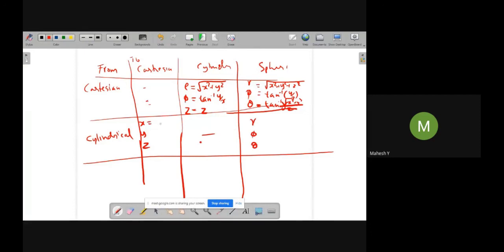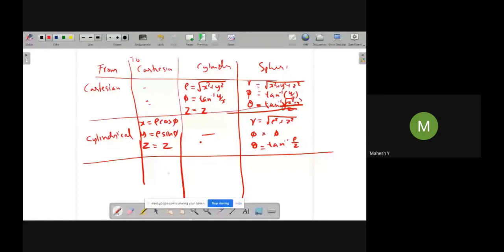For x, x is equal to, in terms of cylindrical, rho cos phi. Y is rho sin phi. Z is equal to z. For spherical, r is equal to root of rho square plus z square. Phi remains same. Theta is equal to tan inverse rho by z.